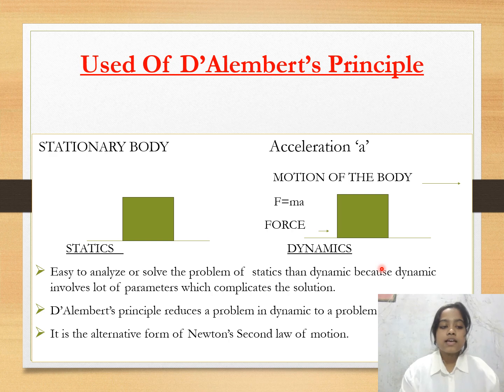Dynamics involves a lot of parameters which complicate the solution, so it is very easy to solve a static one. So D'Alembert's principle helps us reduce a problem in dynamics to a problem in statics. Also, D'Alembert's principle is an alternative form of Newton's second law.